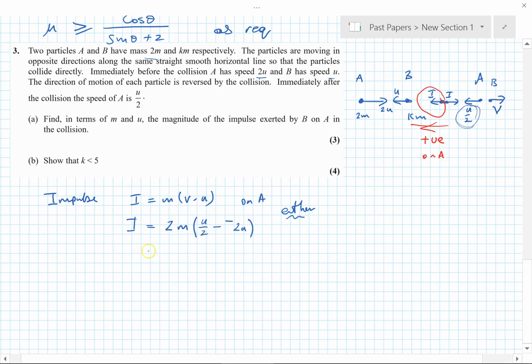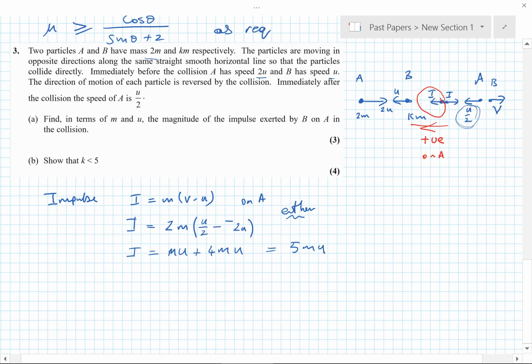So here, if we multiply that out, we get I is equal to, times that, these two cancel to give positive, so that will be u plus 4u, or mu plus 4mu, which is equal to 5mu. Okay, that's the correct answer for that.